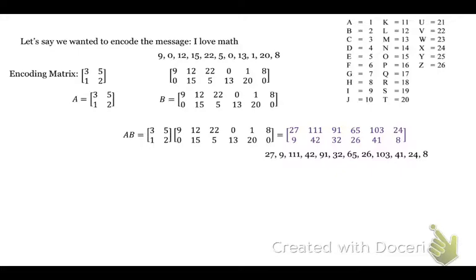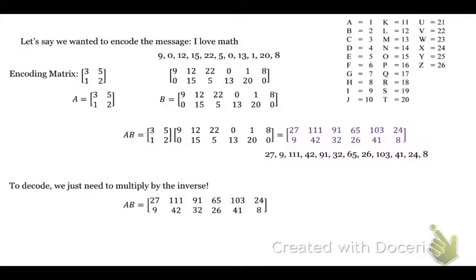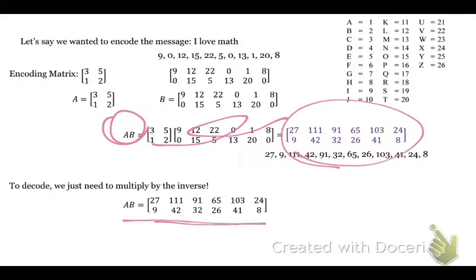I'm going to decode this, but then I'm going to go back to this in just a second. To decode this, we need to multiply by the inverse, which makes sense because if AB equals this, I need to get back to that matrix right there.